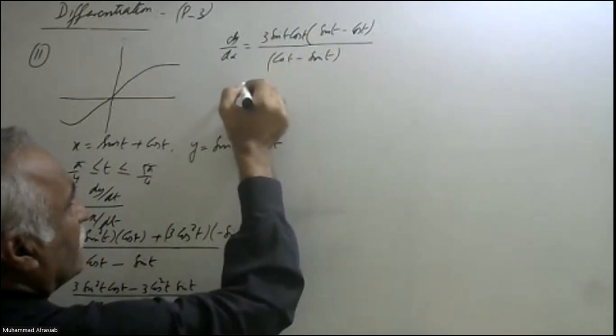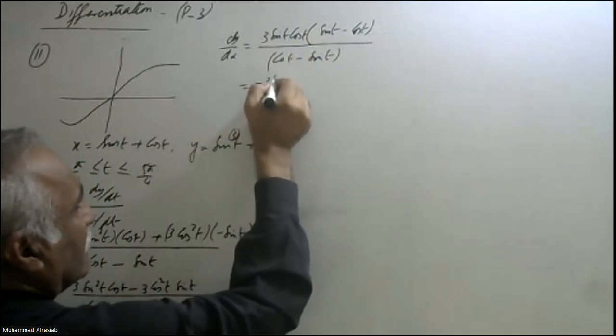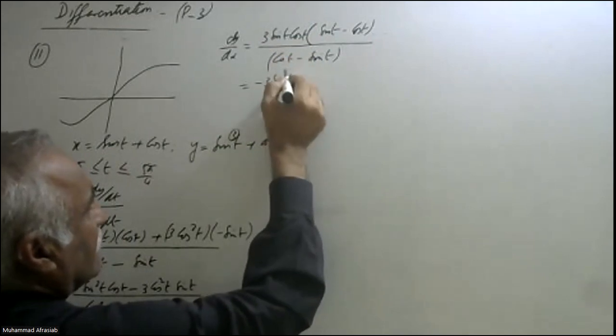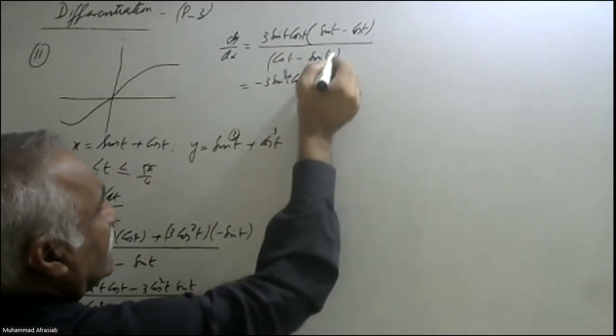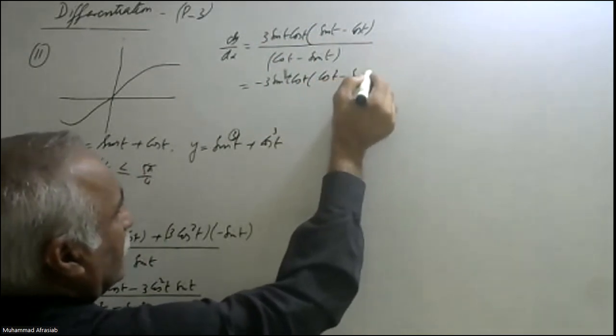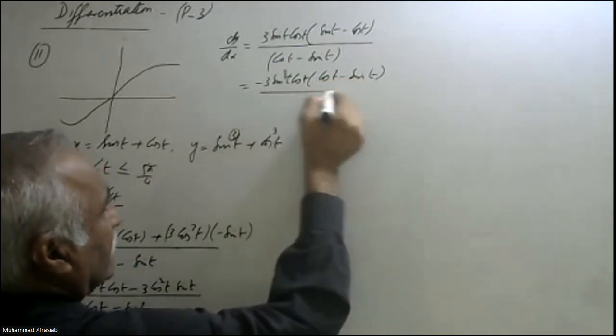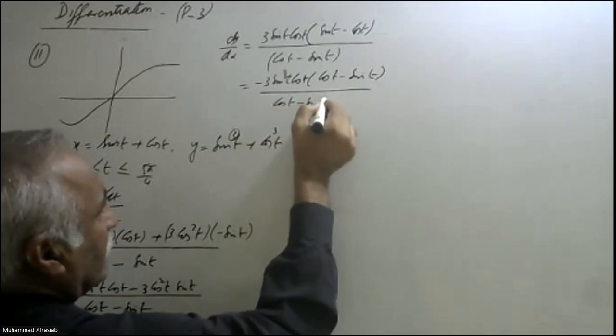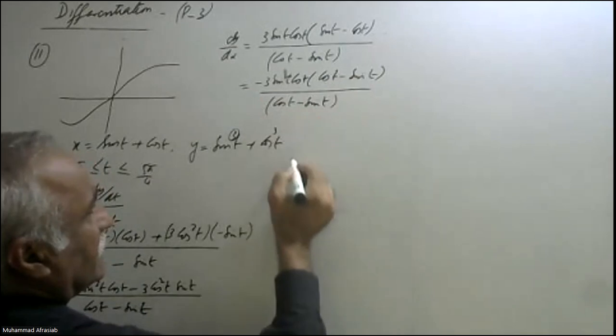So we can take minus as common: minus 3 sin t cos t, and this becomes cos t minus sin t divided by cos t minus sin t.